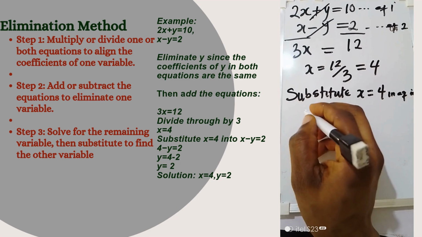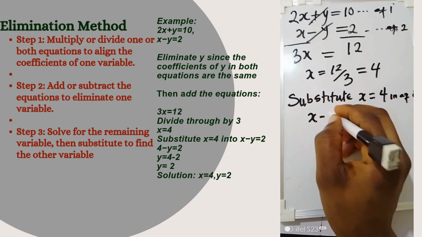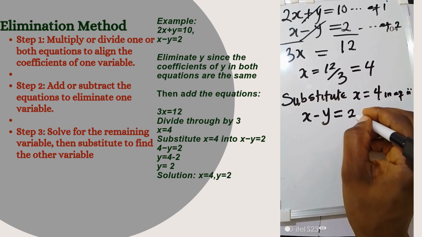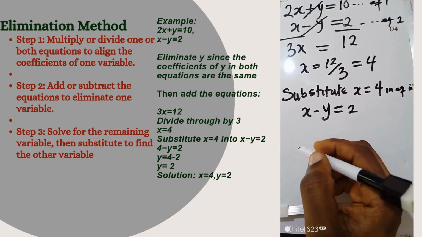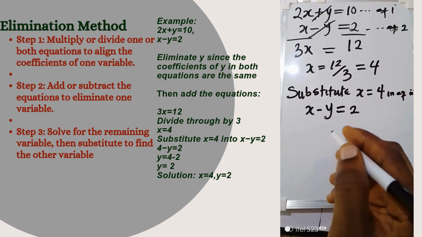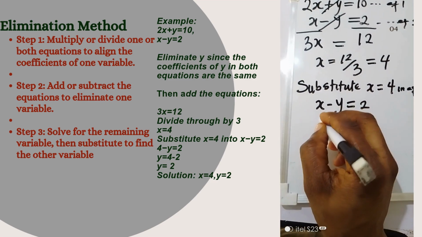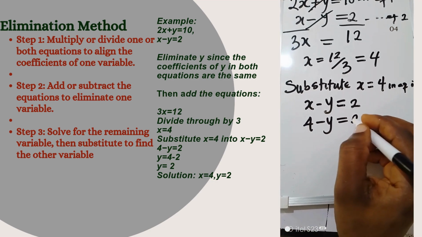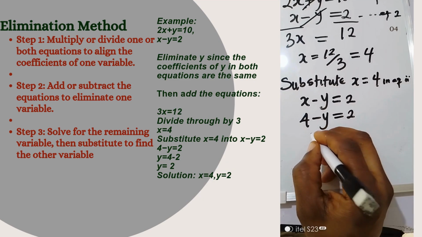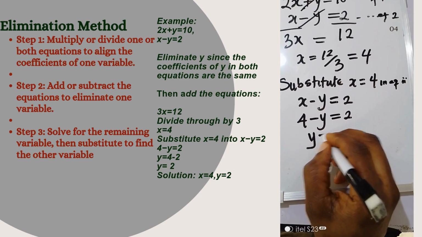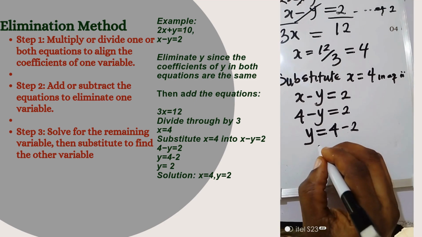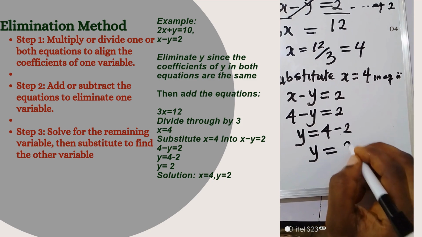Equation 2 says x minus y equals 2. So if I substitute the value of x into equation 2, I'm going to have 4 minus y equals 2. So from here, I will collect like terms. y equals 4 minus 2. So y now equals 2.